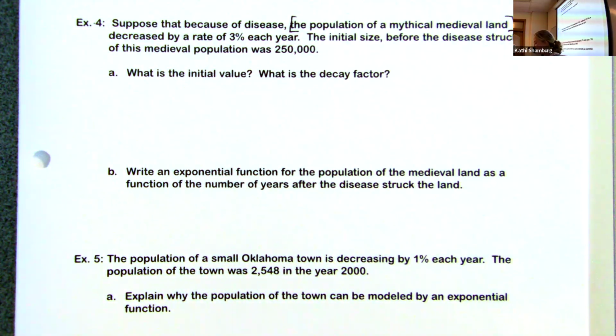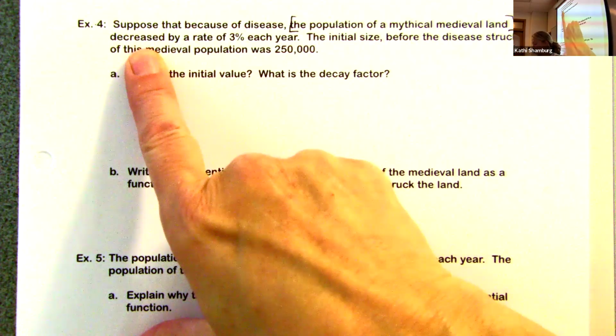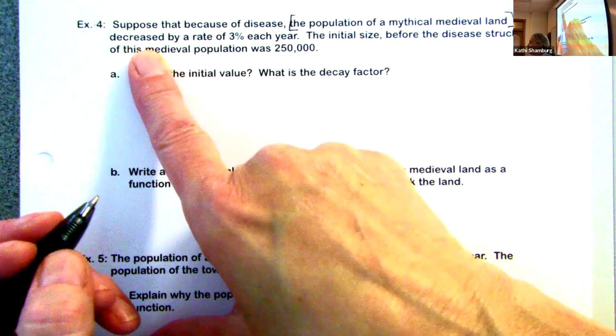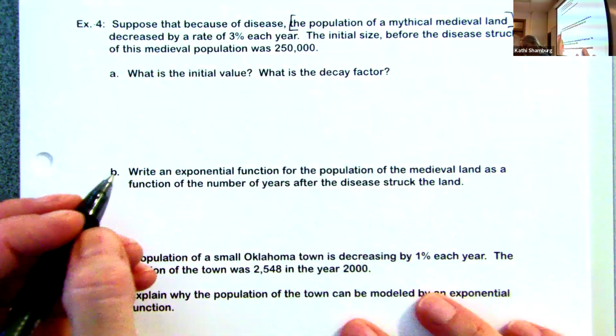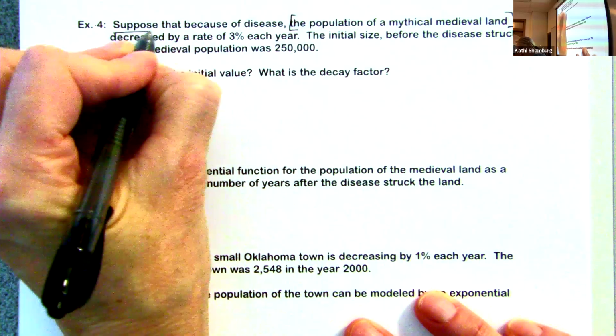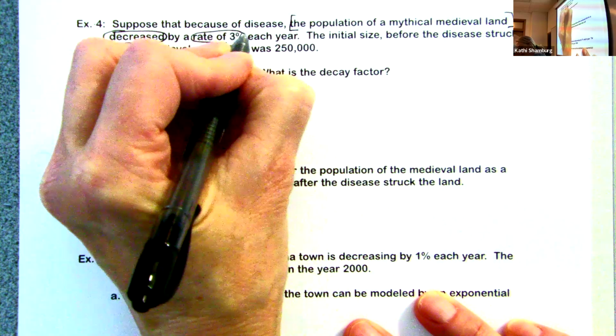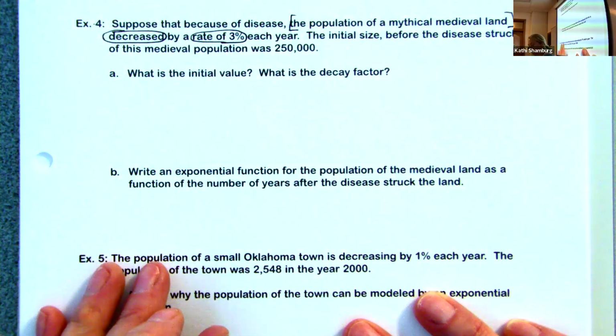Okay, so in this, we are talking about decrease right here. So our function is going to be the population, right? Okay, so we know that we have a decrease, and we know that it is a rate of 3%.